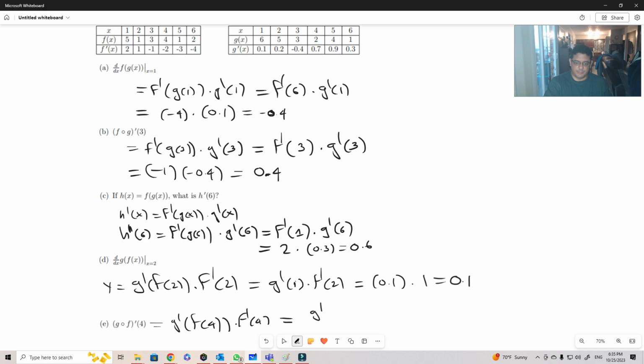So this becomes g prime of 4 times f prime of 4. F prime of 4 is going to be minus 2. G prime of 4 is going to be 0.7. So this is minus 1.4.